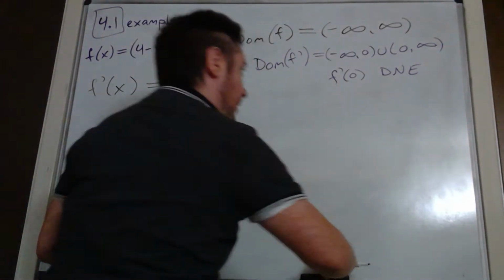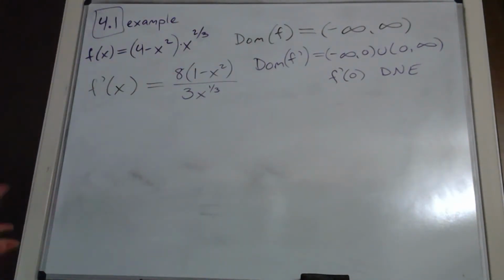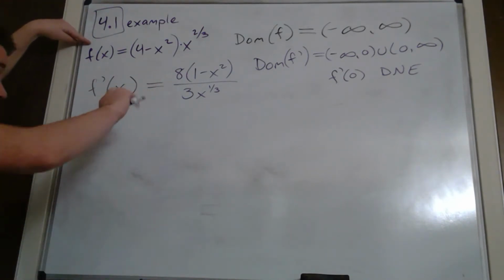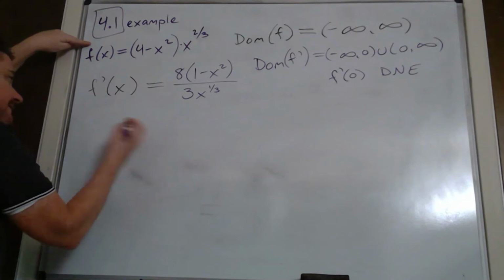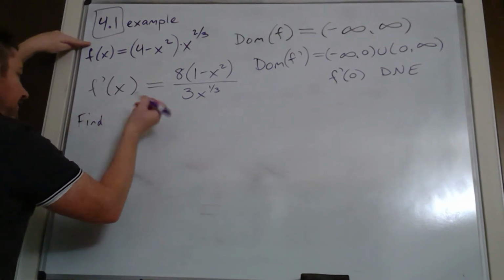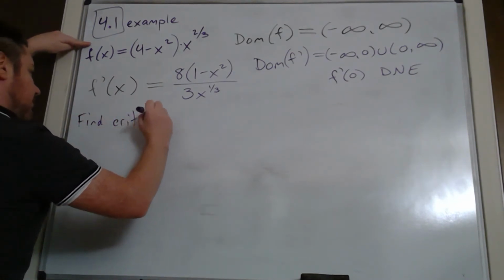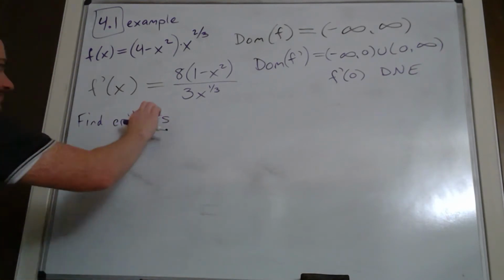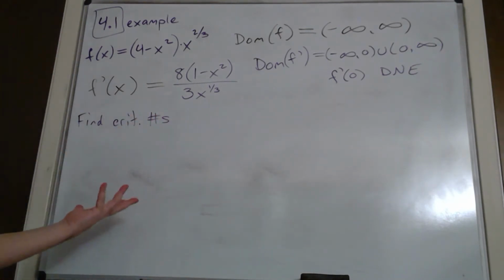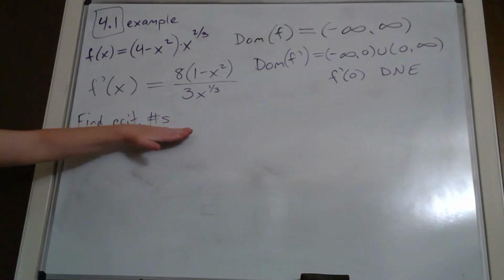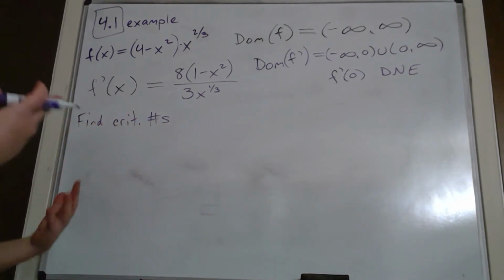So I'm kind of putting the cart before the horse right there as far as finding critical numbers. So step by step, if you're doing a problem like this, you're given a function. So step 1, find its derivative. Step 2, find or list critical numbers. Okay. Some books call these key numbers or something like that. Critical numbers are x values where we have the potential for a min and a max.